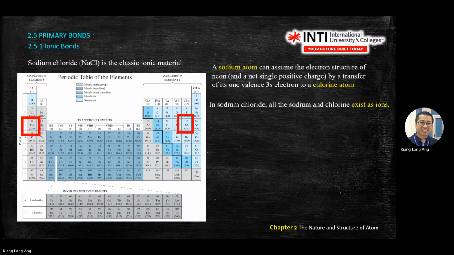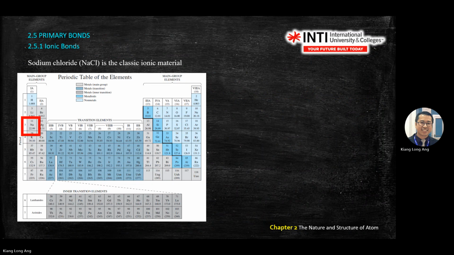So Cl is what? 1, 2, 3, 4, 5, 6, 7. So equals Na plus Cl.